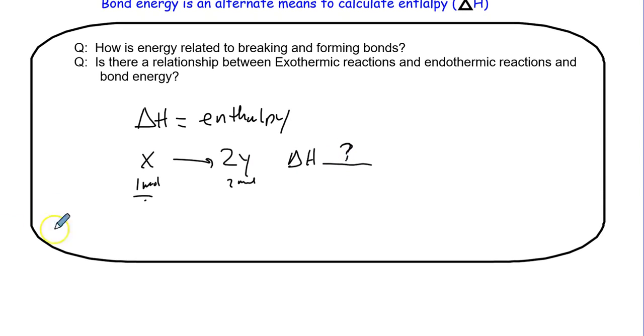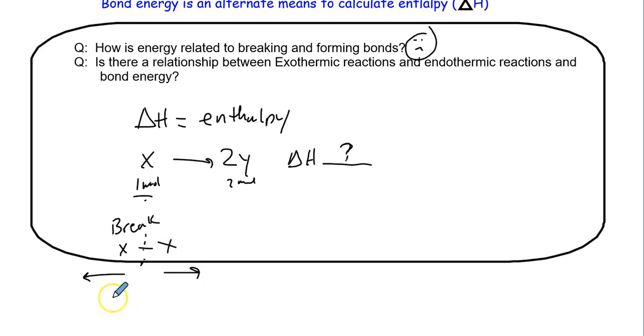A couple things we might want to point out is how energy is related to bonds breaking and bonds forming. This is probably one of the biggest misconceptions in chemistry, and I don't know where it comes from. When you break bonds, if you need to break 2 X's apart, you're actually taking energy, and you need to physically rip this thing here and this thing here.